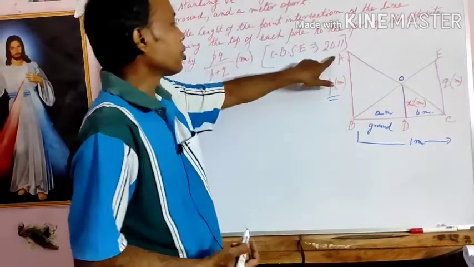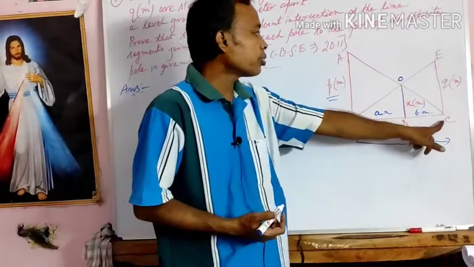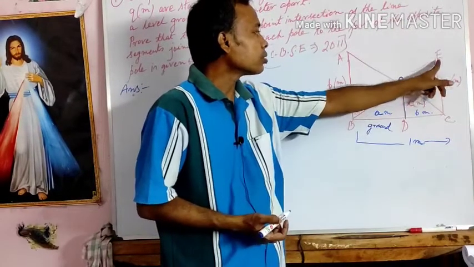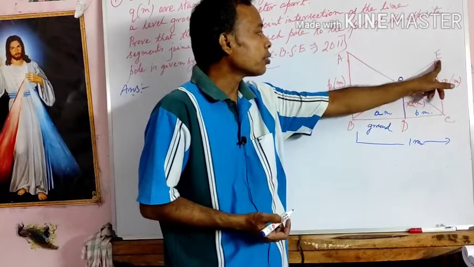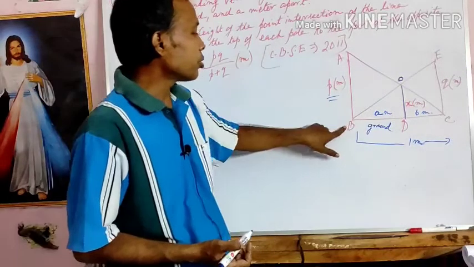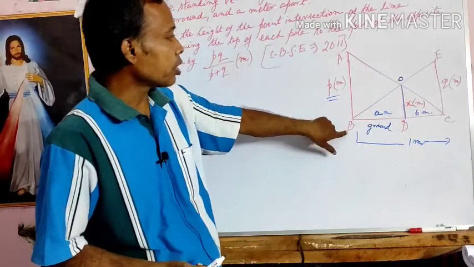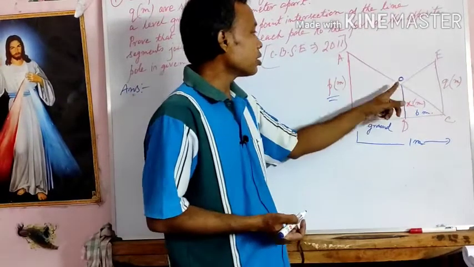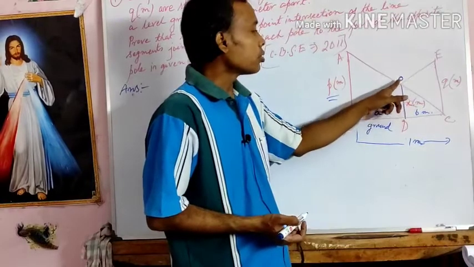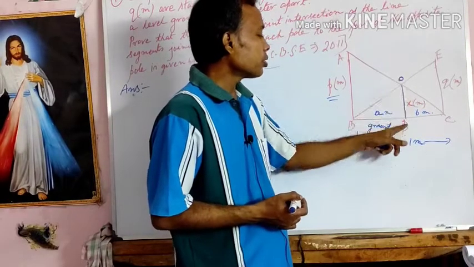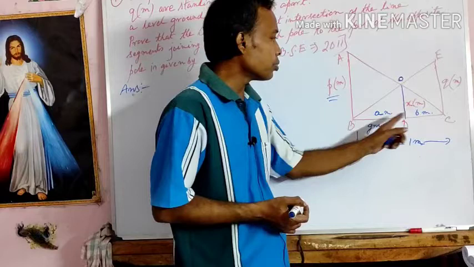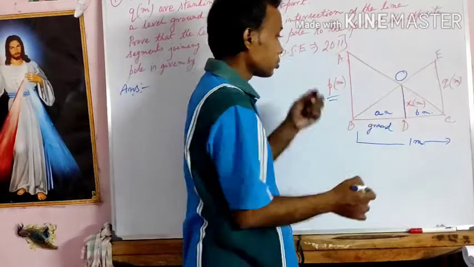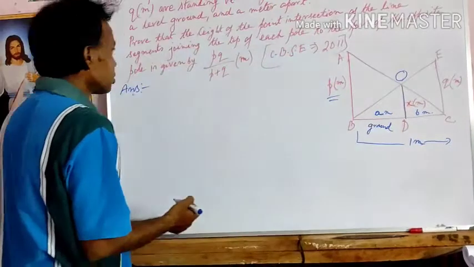This is the top of one pole and the bottom of the second pole, joining line is AC, and this is the top of another pole and the bottom of the other pole, point B. So the joining lines intersect at the point O. So draw perpendicular OD to BC. This is the O point. So let us prove it.